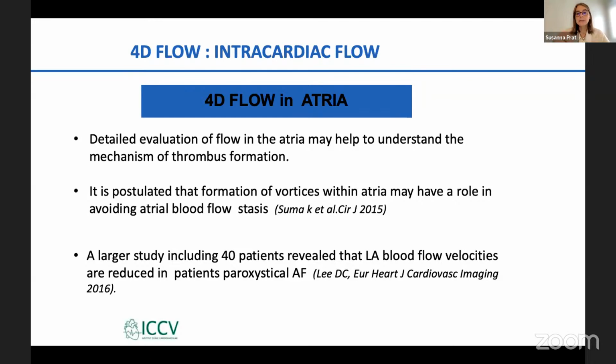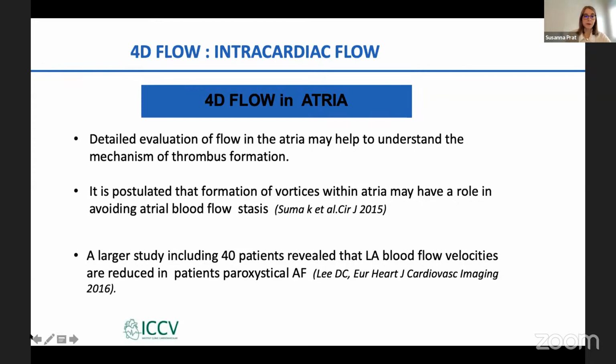These velocities calculated by 4D flow are lower in these patients, which makes sense if you compare with healthy subjects without atrial fibrillation. All these flow dynamics can help us, in the atria, to predict events.